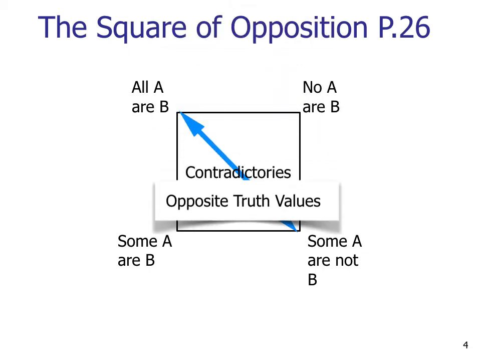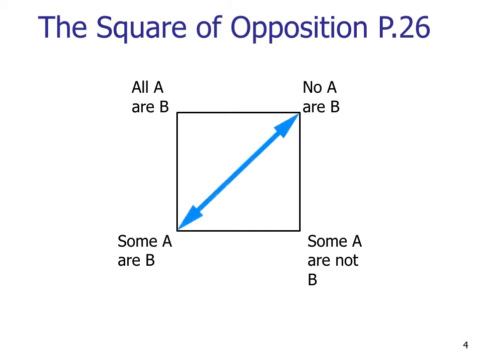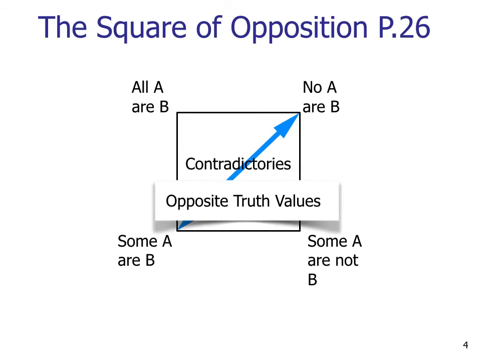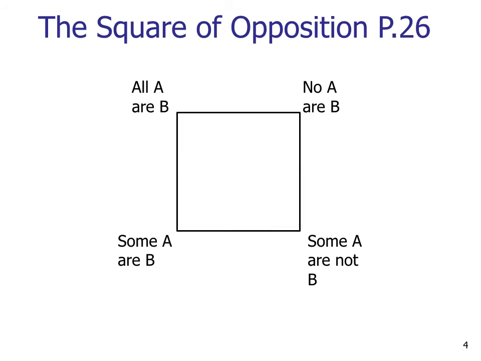Contradictories have opposite truth values. If one is true, the other is false. If one is false, the other is true. And what is this relationship? They're also contradictories, and contradictories have opposite truth values.